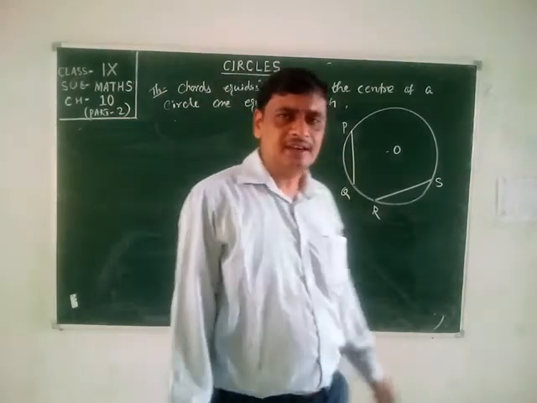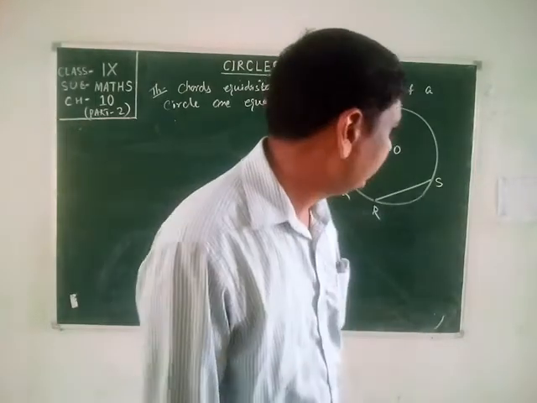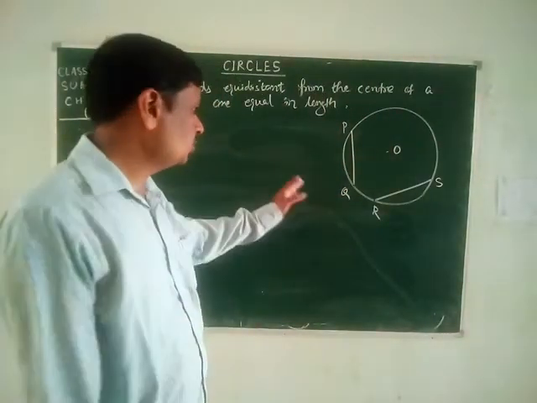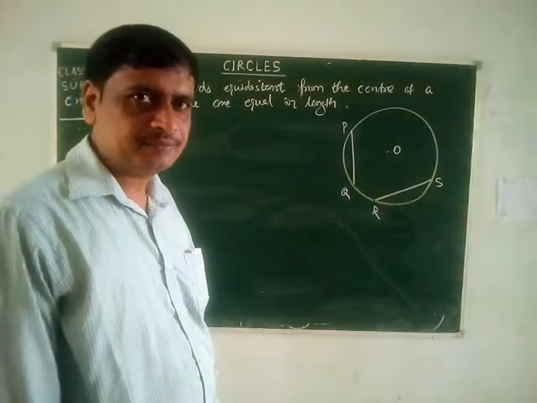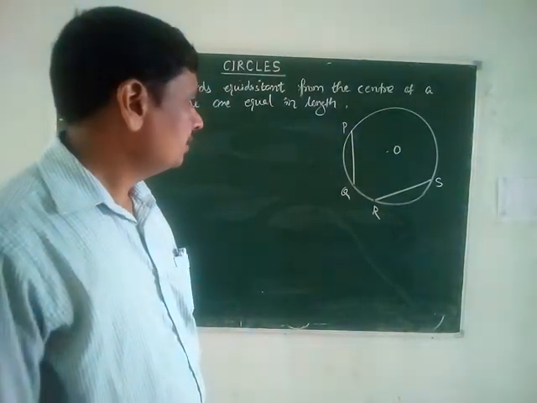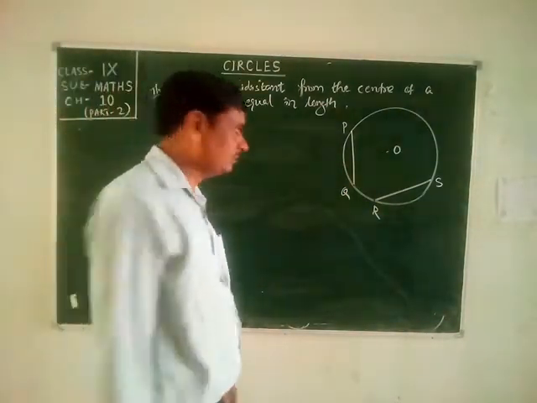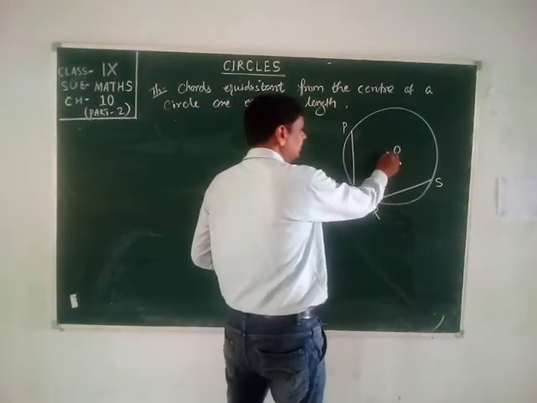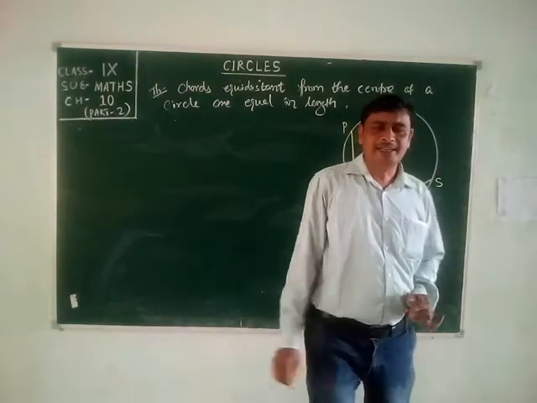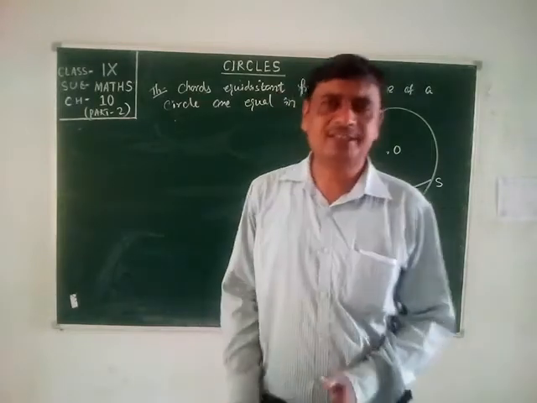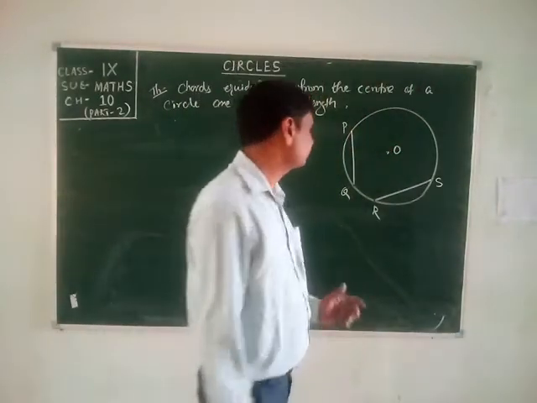PQ and RS. Two chords PQ and RS are at equal distances from the center of the circle. This distance is measured by drawing the perpendicular from the center to these chords.